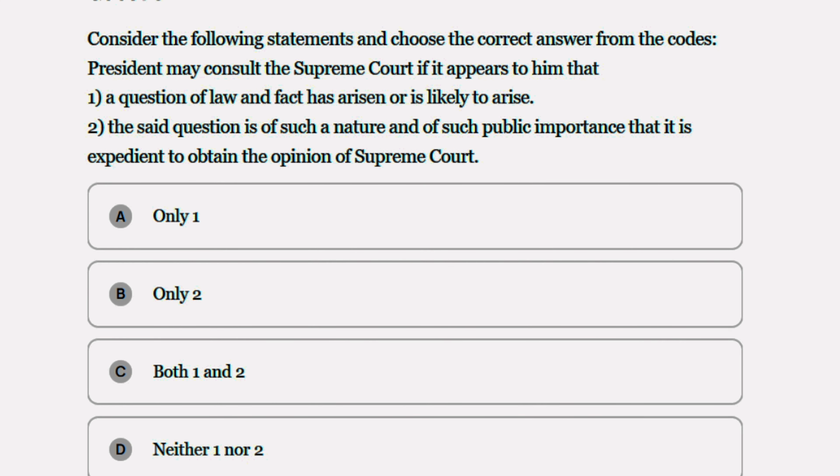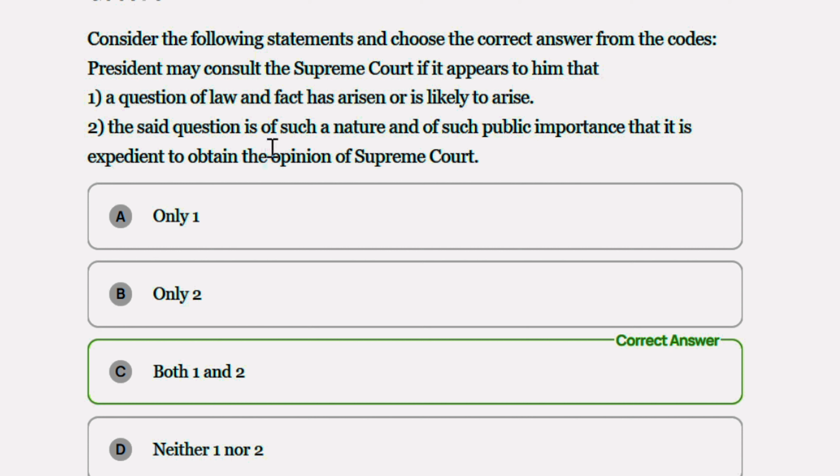Consider the following statements and choose the correct answer from the codes. 1. The President may consult the Supreme Court if it appears to him that a question of law and fact has arisen or is likely to arise. 2.